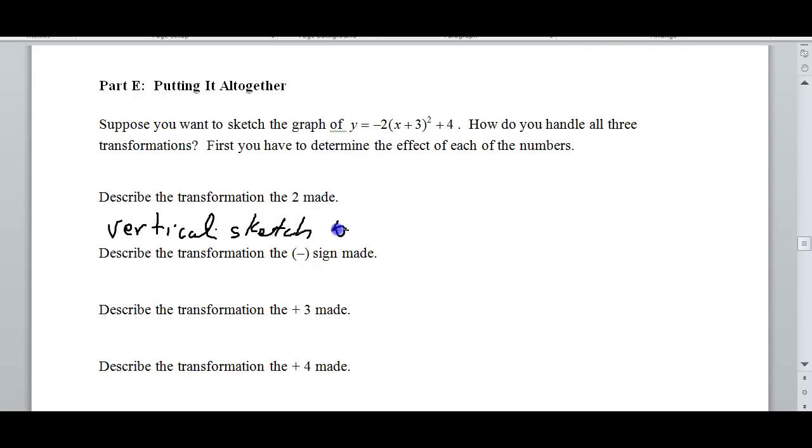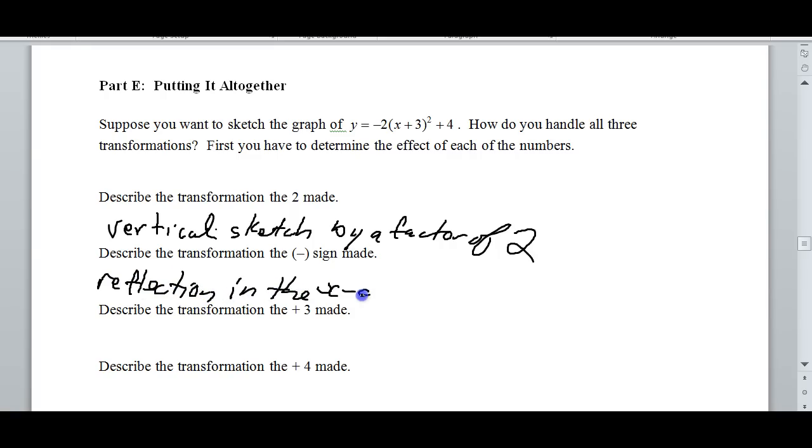Vertical stretch by a factor of 2. The negative sign causes a reflection in the x-axis. The positive 3 in x plus 3 is a horizontal translation.